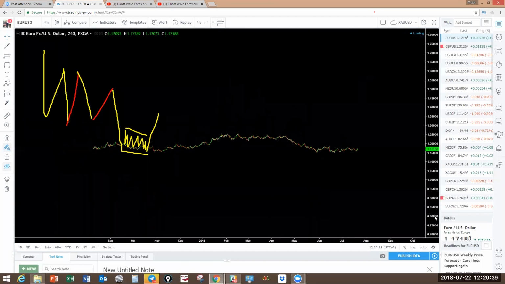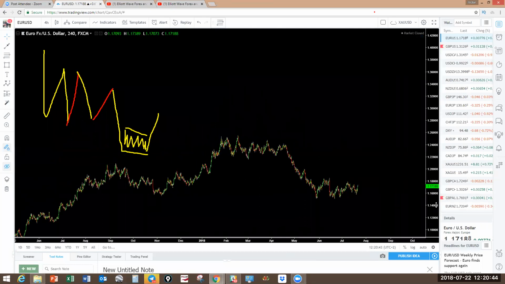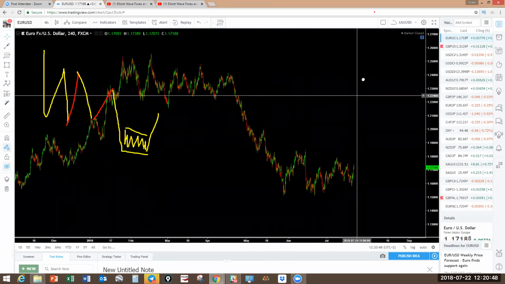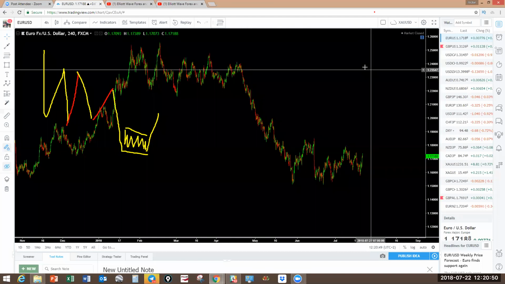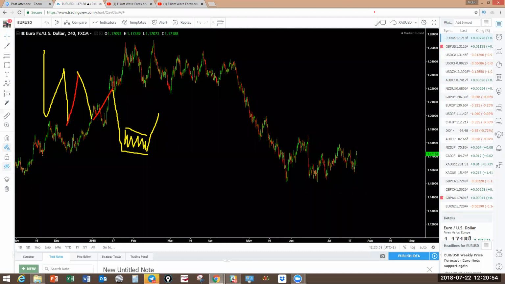So the latest one that is playing out now, this is on the weekly that played out between 2008 and 2016. So the current one here is this one. Look at this one here. You have 1, 2, 3, pullback in 3 waves. Similar here, you also had a pullback in 3 waves.